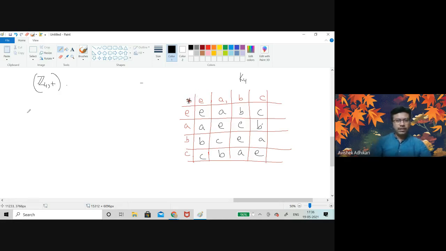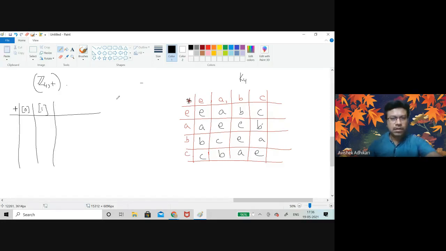Now, if I consider the similar property with respect to this, then we know that this is my plus, and here my class 0, class 1, this is my class 2, this is my class 3.